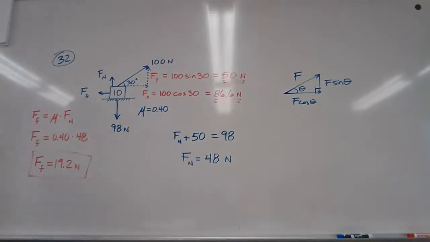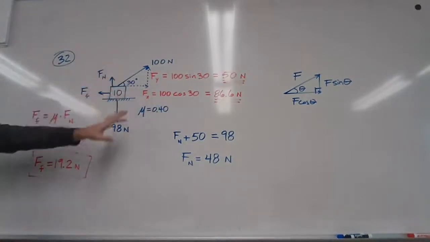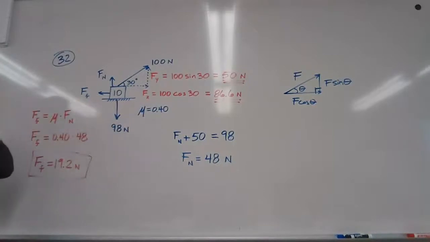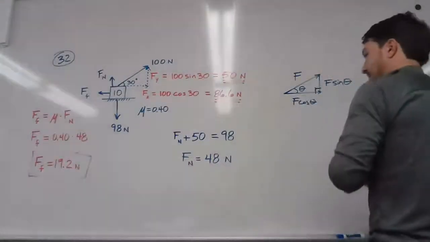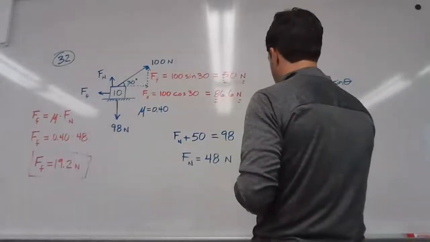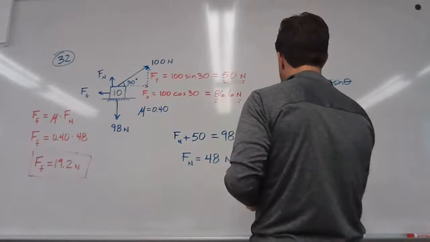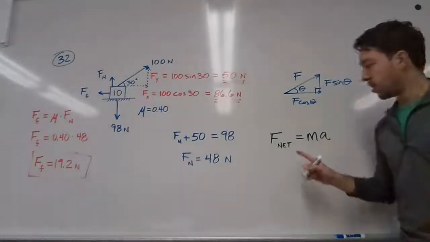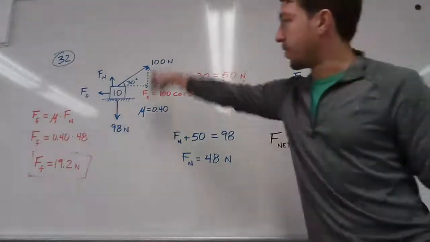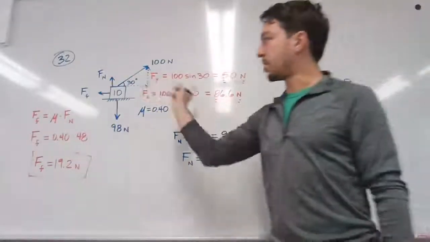How about the net force? It's actually easier than you think. Now, there's a lot of stuff up here. Not easy, but the net force is actually pretty simple. Would it just be the force X minus the friction force? Yes. So I'm going to write F net equals MA. We're going to get two questions at once here. Since the vertical forces balance out, to get the net force, I just have to look at the horizontal forces.